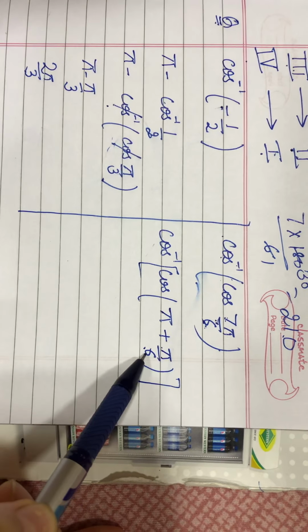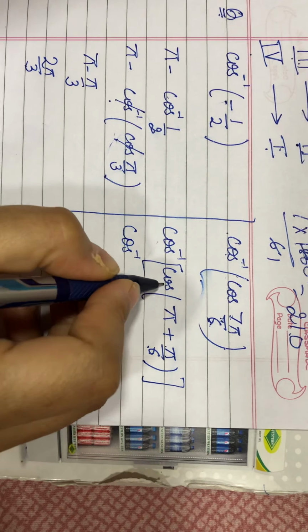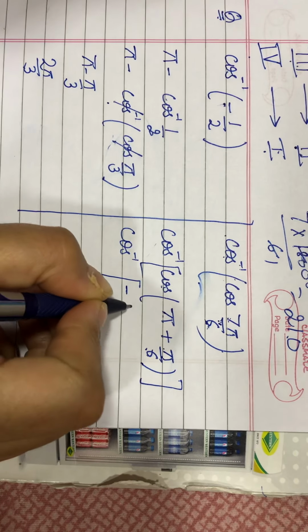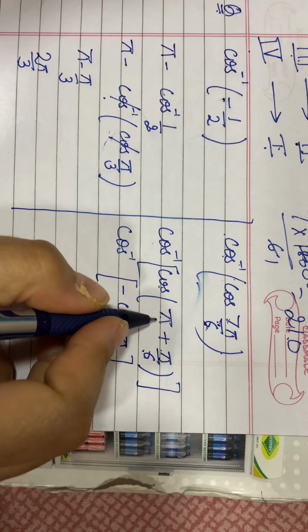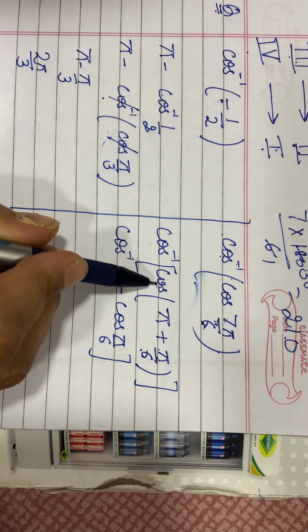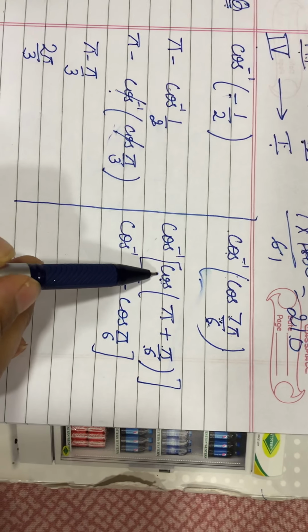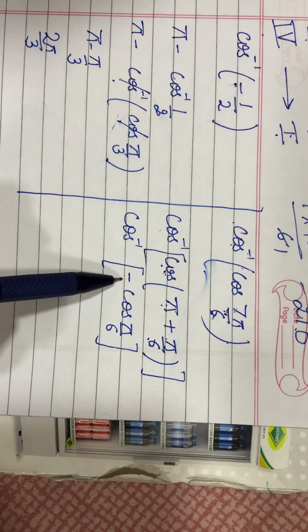pi by 6 form. Now cos inverse cos of pi plus theta lies in the third quadrant, meaning minus cos pi by 6, because for pi there is no change in the trigonometric ratio, as you have learnt in 11th class. And for the third quadrant there is a negative sign.